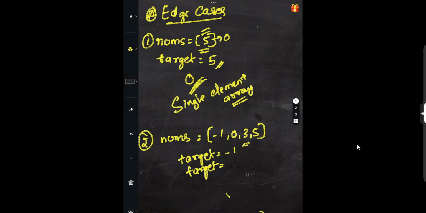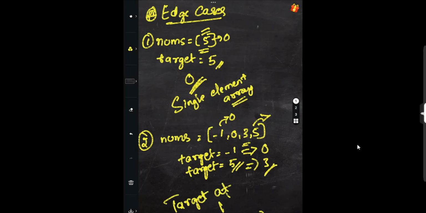Let me consider target at -1 and target at 5 here. For this, output will be 0. This is at the 0th index, right? So for this one output is 0, and for this one 0, 1, 2, 3, the output will be 3 here. This is for the target at boundaries, right?